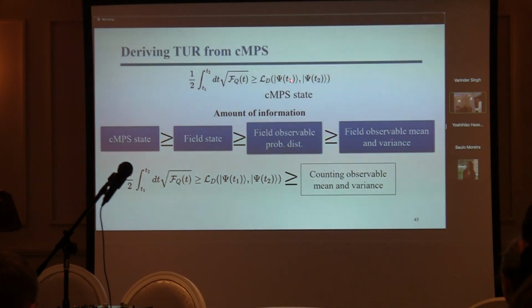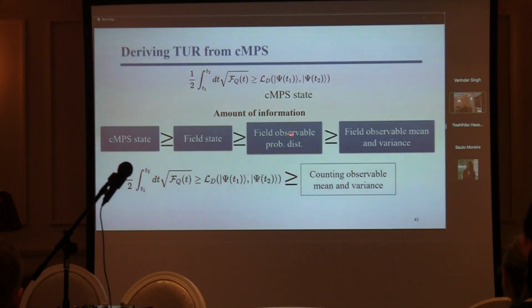So this is the geometric QSL for the CMPS state, and there is a hierarchy regarding the amount of information. The original CMPS state has both the system state and the environment state, which includes a record of jump events. And if we are interested in the field state only, of course the information is less than the original CMPS state because the system information is discarded. But it is in principle impossible to obtain the field state.